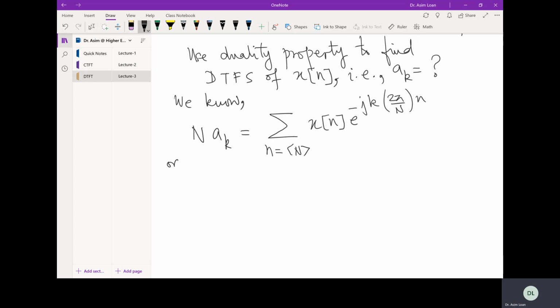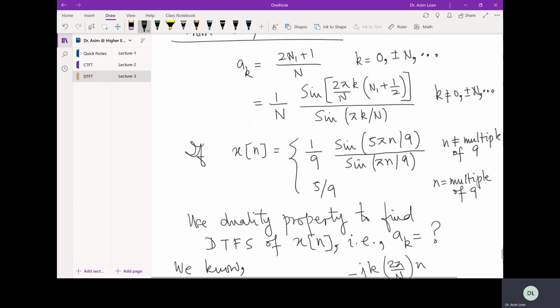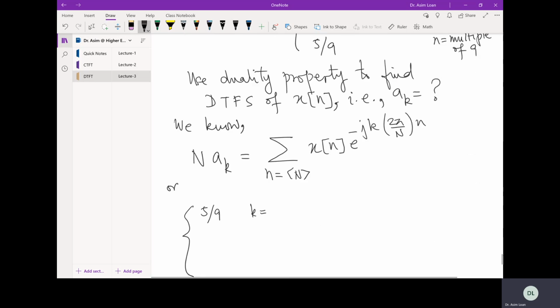Here we have 5 by n, and this is n1 plus half, so n1 is probably equal to 2, right? So 4 plus 1, 5, and n is equal to 9. If we compare this one with this one, n1 is equal to 2 and n is equal to 9.